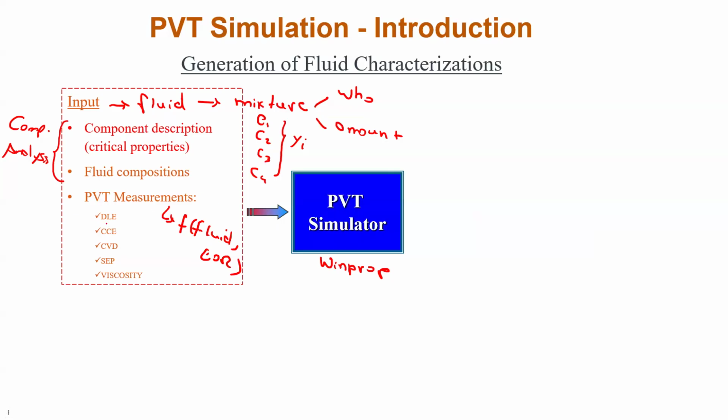In this case here, there is a list of PVT measurements. This is the differential liberation expansion. In this case, everything is done assuming constant temperature. Okay, the temperature is constant because we traditionally assume an isothermal assumption in our model.